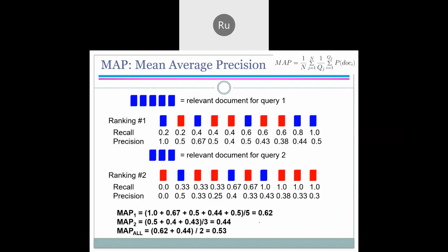Remember that each algorithm or each IR system has to be tested using several queries. Individual queries will have their own MAP. So in order to compute the overall MAP, you need to add up the MAP for each query, divided by the number of queries that you have.